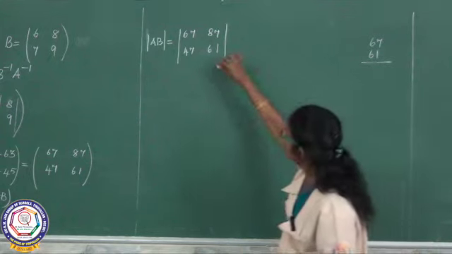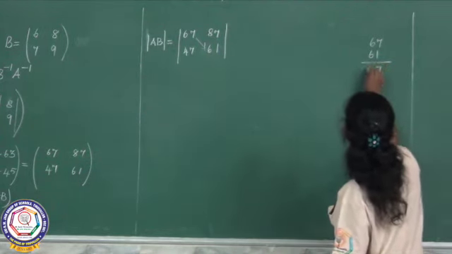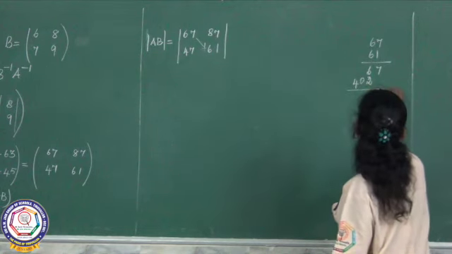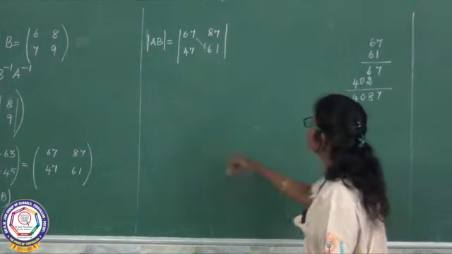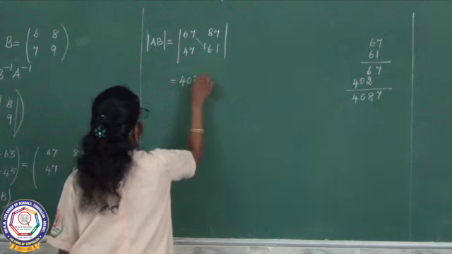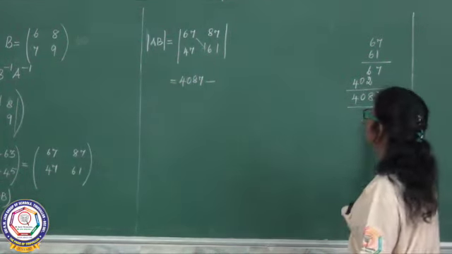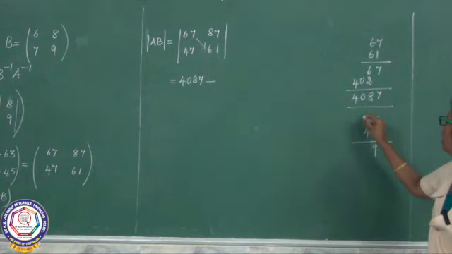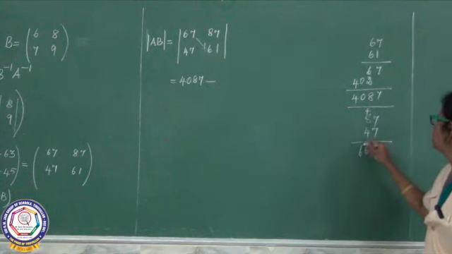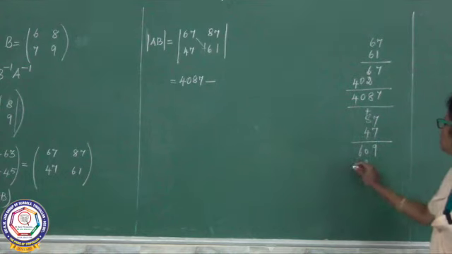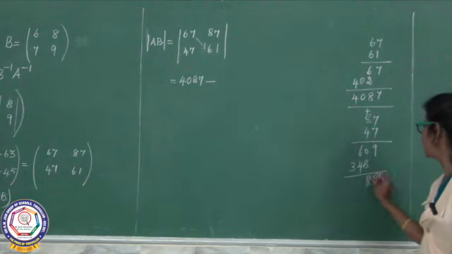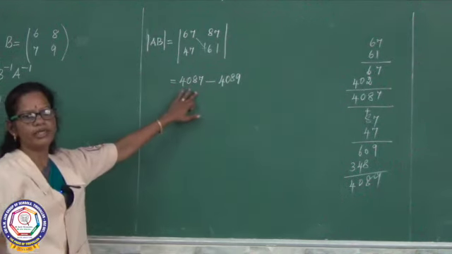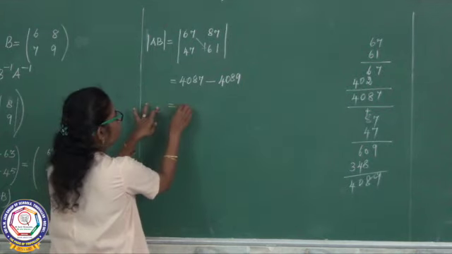Product of main diagonal: 67 into 61. 7 6s are 42, remaining 4, 36 plus 4, 40, so 4087. Then minus 87 into 47: 7 sevens are 49, remaining 4, 56, 60; 4 sevens are 28, remaining 2, 32, 34, so 4089. 4087 minus 4089, so you arrive at minus 2.